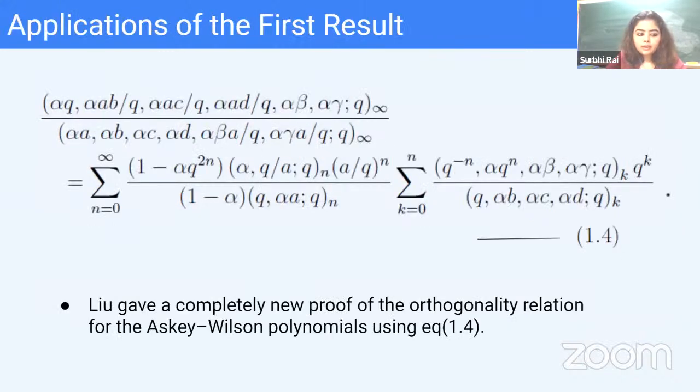So the first application would be this. As we saw earlier, we can select different f to obtain different identities. Here is an expression obtained by substituting a particular value of f. We put it in the first result to obtain this equation 1.4. Now, Liu has provided a completely new proof of the orthogonality relation of the Askey-Wilson polynomials using this particular equation 1.4.